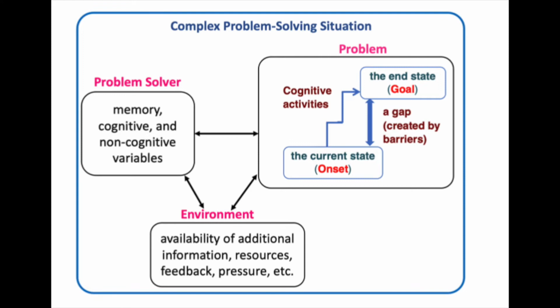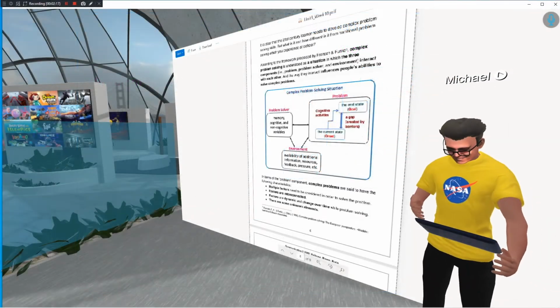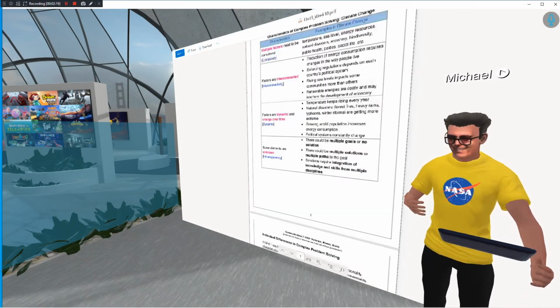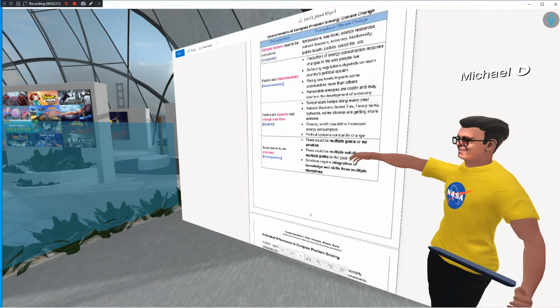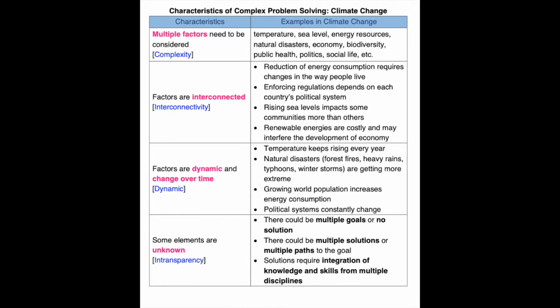On page 7, there are examples of each of the characteristics given the topic climate change. Read carefully the characteristics and then look at the associated example related to climate change.